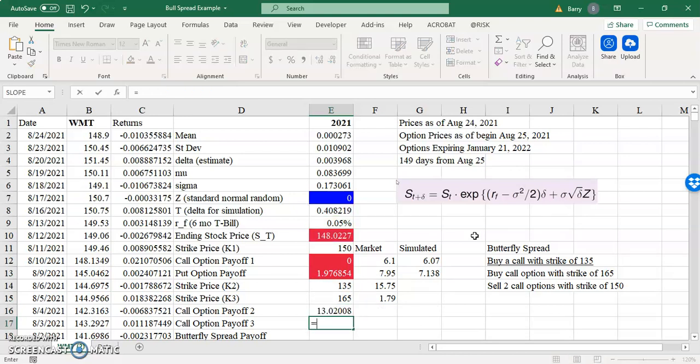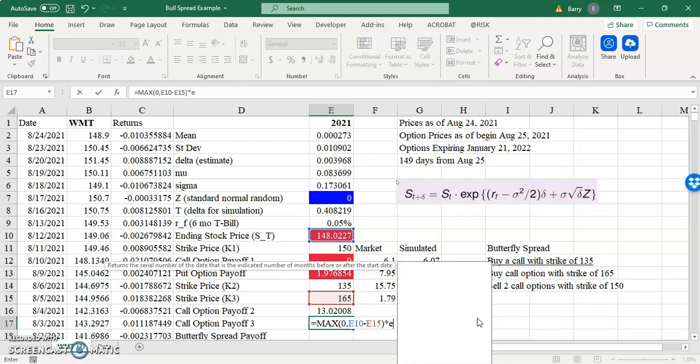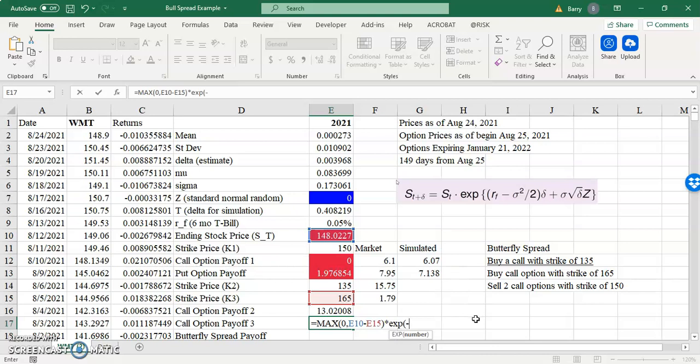Then our call option payoff 3 will be the ending stock price minus the strike price 3. And then we'll apply the discount factor, which is the exponential function of negative t, time to expiration, and the risk-free rate.